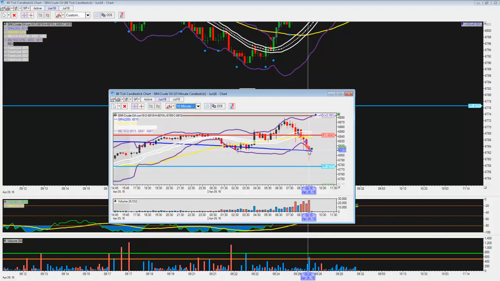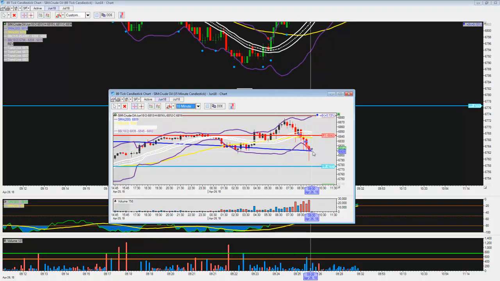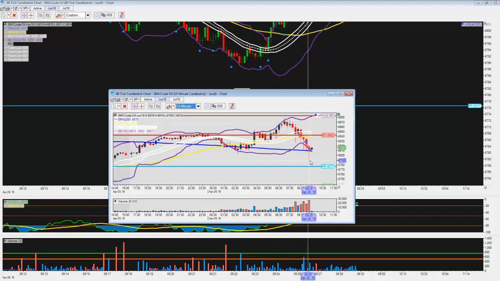On the 15-minute candlestick, see the 200 bar holding right there currently. So we've been down this whole time, made a new low on the dailies, and now market's trying to head back up here.